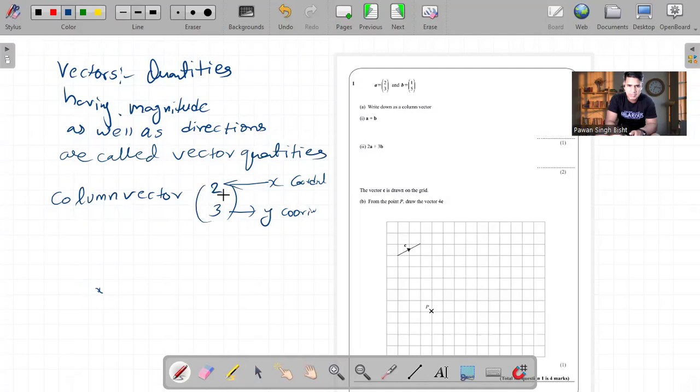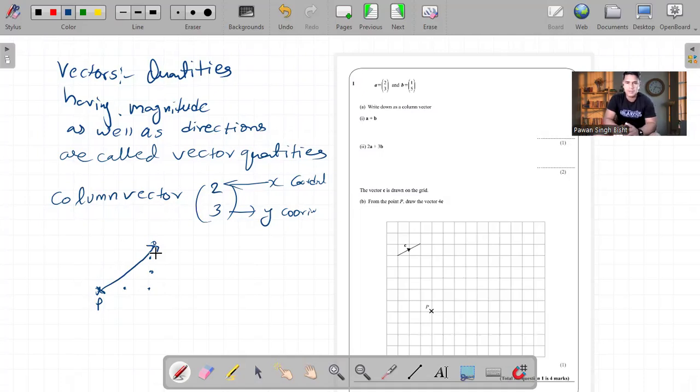For plus in x we go right, for minus in x we go left, for plus in y we go up, and for minus in y we go down. This is the basic thing. So from the starting point, 1, 2 right, 1, 2, 3 up, this is the direction of the vector.